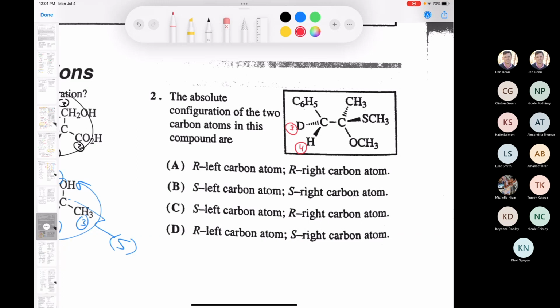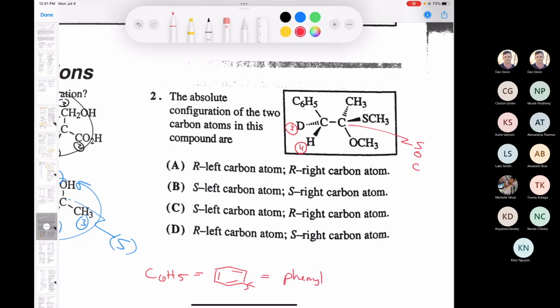And then here, this carbon is attached to a sulfur, an oxygen, and a carbon. I'm listing them in order of their atomic number, starting with the highest. And C6H5 is this. So that is a phenyl.